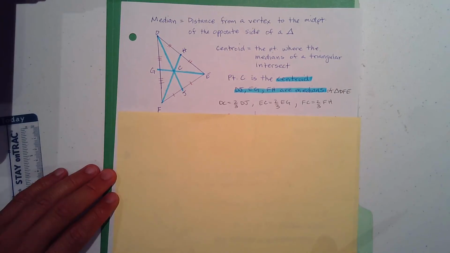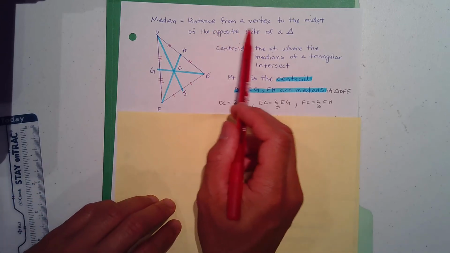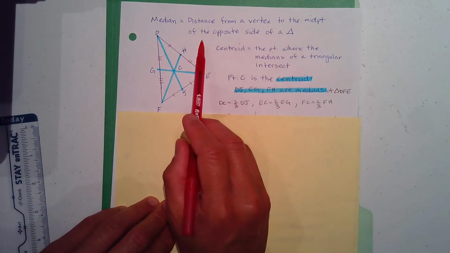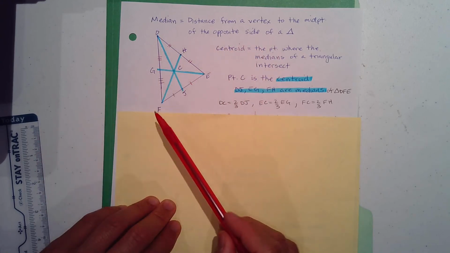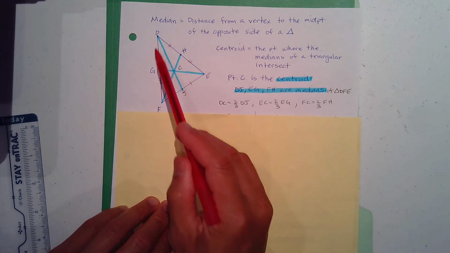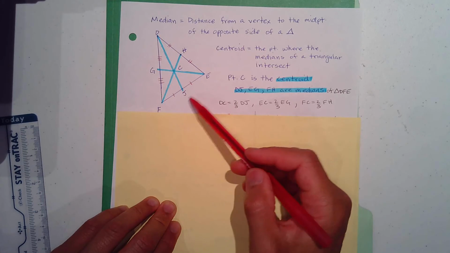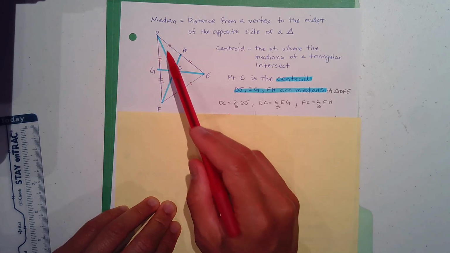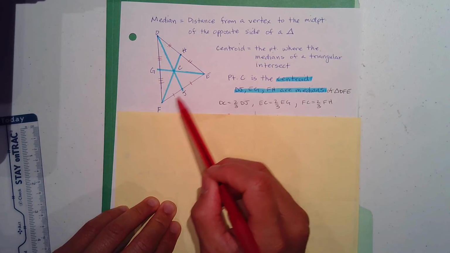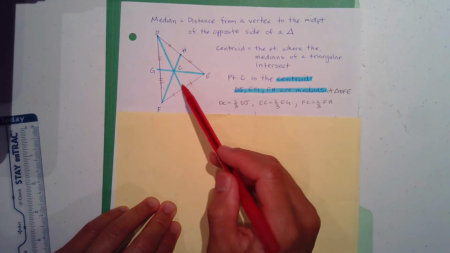All right, a median. A median is the segment from a vertex to the midpoint of the opposite side of a triangle. So let's just look at one median for right now. Look at DJ. DJ is a median because it's from the vertex all the way to the midpoint of the opposite side of the triangle.